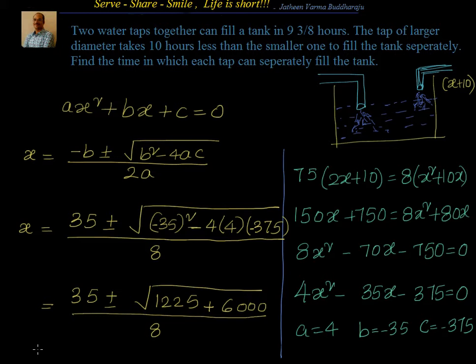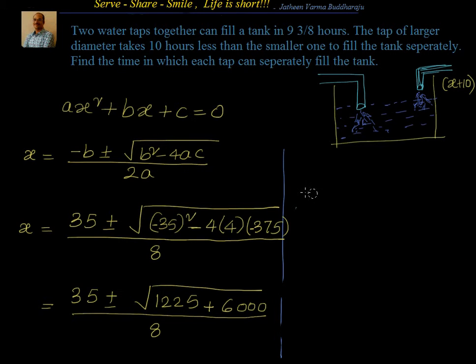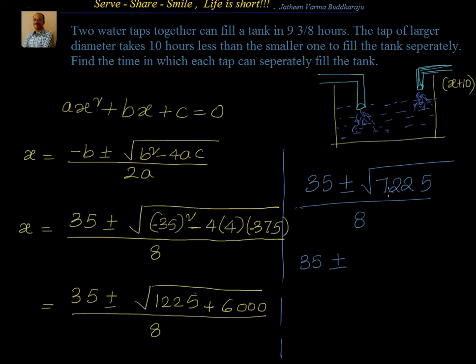So if we simplify that, we will have 35 plus or minus the square root of 6000 plus 1225, which is 7225, divided by 8. The root of 7225 is 85.